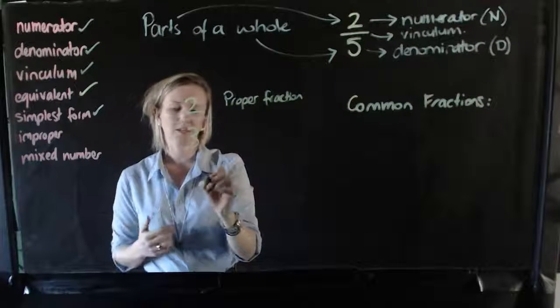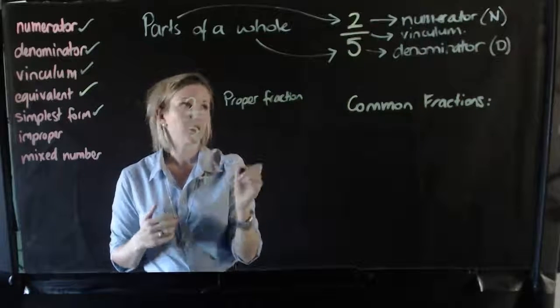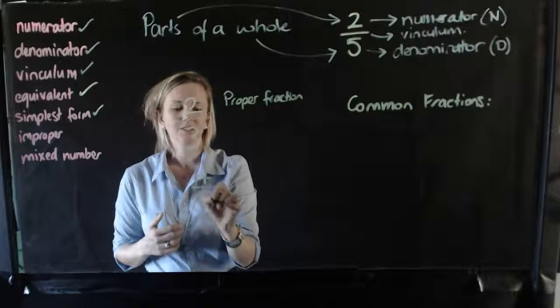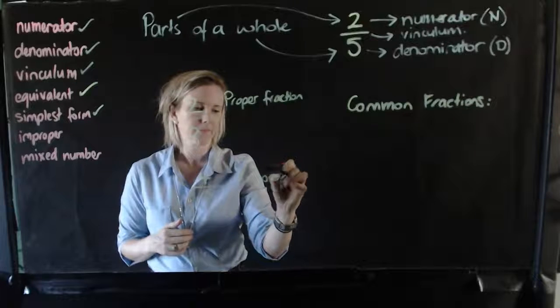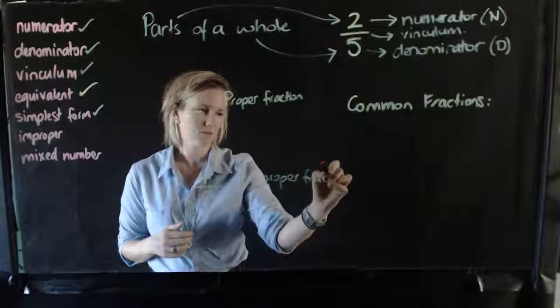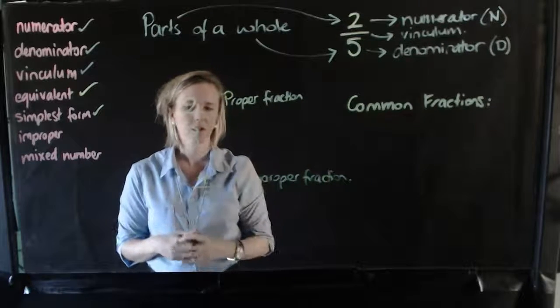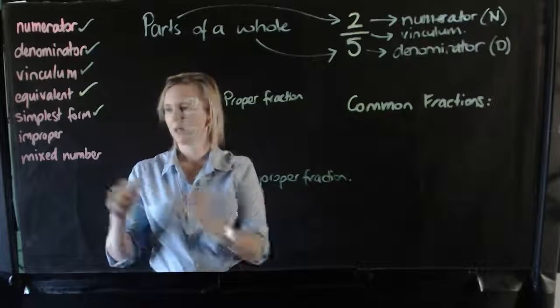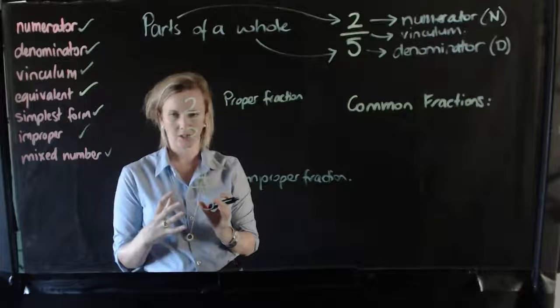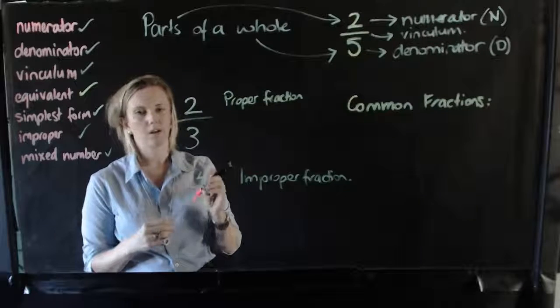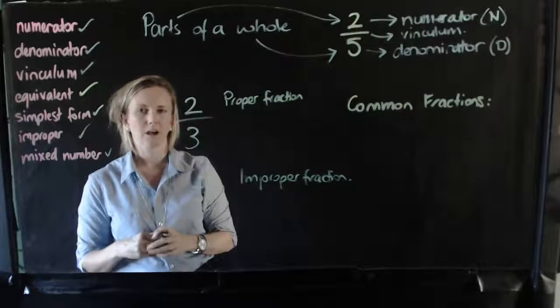And an improper fraction is when you have the numerator that is larger than the denominator. All right, and the last one that we need to cover is a mixed number, and that's a whole number that goes with a smaller fraction, smaller than 1.